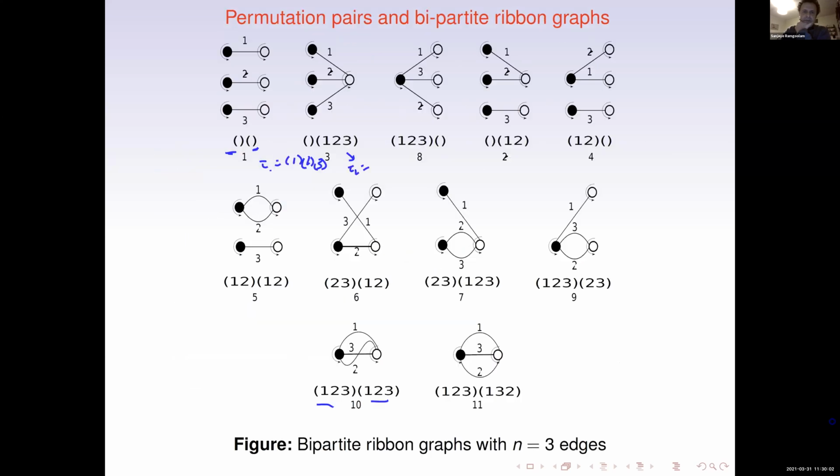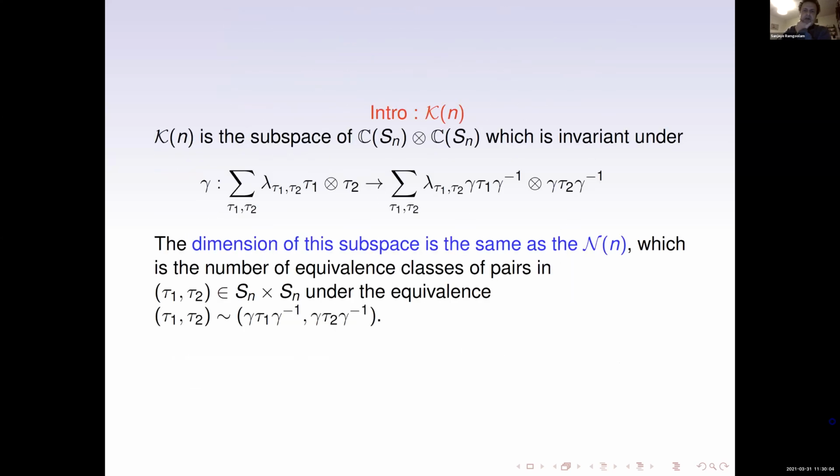Now, essentially we did something with Sn cross Sn. Rather than working with just this set Sn cross Sn, we can work with this vector space, C of Sn tensor C of Sn. In that vector space, which is also an algebra, we can think about the subspace which is invariant under this simultaneous conjugation, the action which was defining these equivalences in the case of the bipartite graphs.